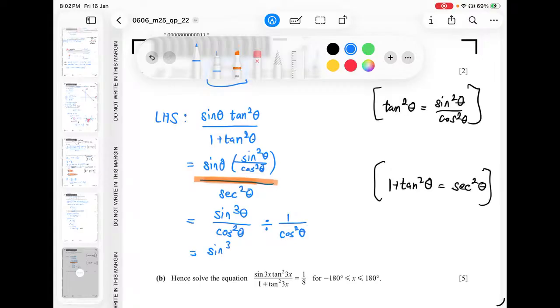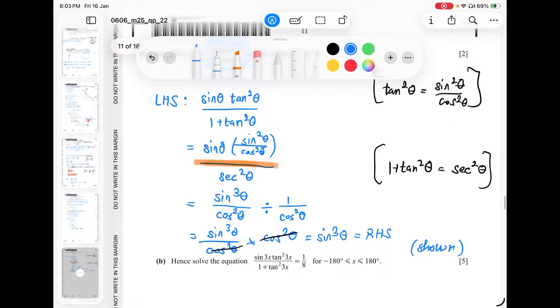Now when you do the normal division, cos squared theta times cos squared theta, you can cancel out the cos squared and cos squared. So you are left with sine cubed theta, which is equal to RHS.